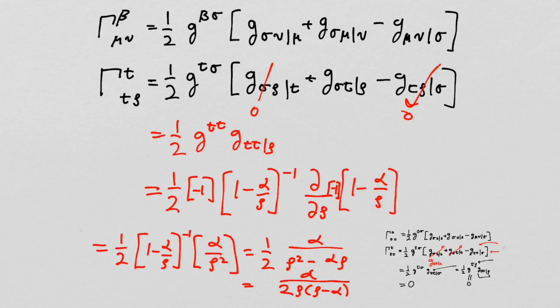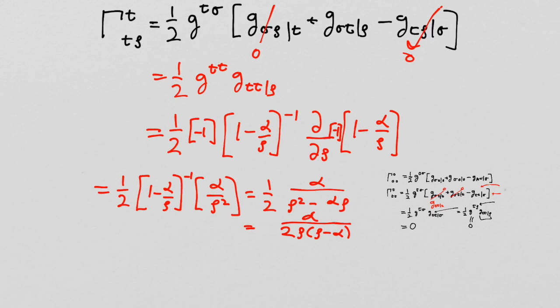Of course, the derivative of the constant term is 0. This negative sign and that negative sign combine to cancel, so you have the 1/2 out in front. So you end up with this divided by that, which is ultimately α over ρ squared minus αρ. Pull out an α and you get α over 2ρ minus α.